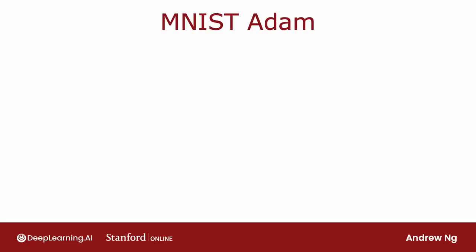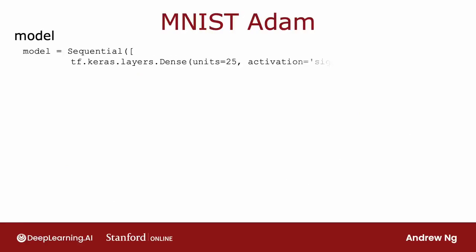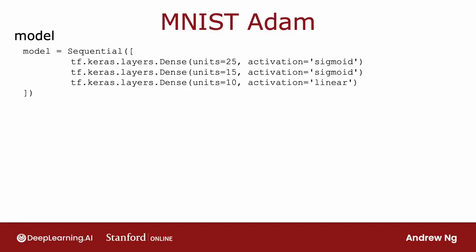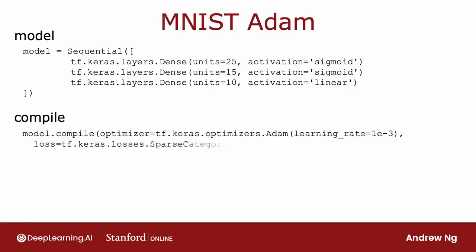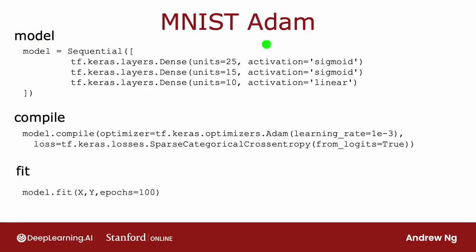But in code, this is how you would implement it. The model is exactly the same as before, and the way you compile the model is very similar to what we had before, except that we now add one extra argument to the compile function, which is that we specify that the optimizer you want to use is tf.keras.optimizers.Adam.